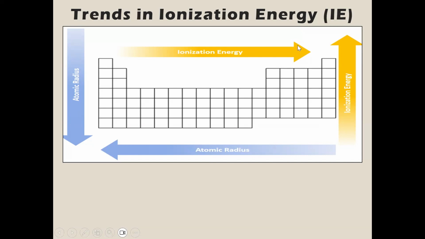Again, atomic radius is inversely proportional to the ionization energy. As the atomic radius increases, ionization energy decreases. Why? Because as the radius becomes larger, there is less attraction force between the nucleus and the outermost shell, and it is easier to lose electrons.